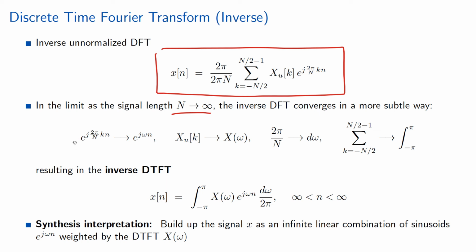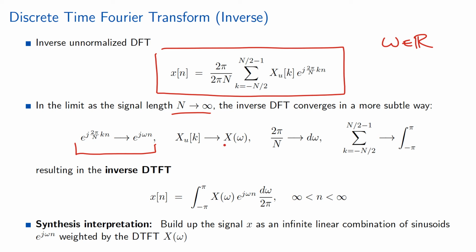Well, first, from the forward formulation, we already know that these harmonic sine waves are going to become arbitrary infinite length sine waves. So the frequency 2 pi over N times k is just going to become an arbitrary real valued frequency omega. Secondly, the DFT is going to become the DTFT, as already introduced in the previous slide.